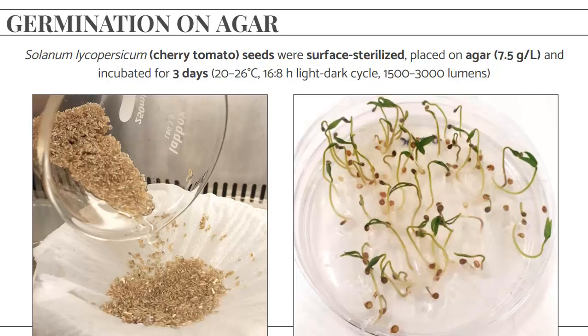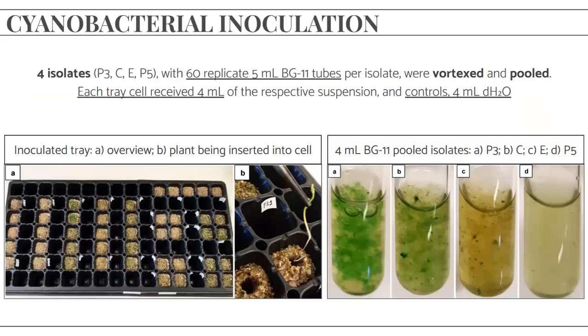I germinated cherry tomato seeds on agar after sterilizing them for 3 days under the same conditions that I plated cyanobacteria. When I transferred them to trays, I had already put on the isolates, cyanobacterial isolates, which had 60 replicates each in 5 milliliter PG11.